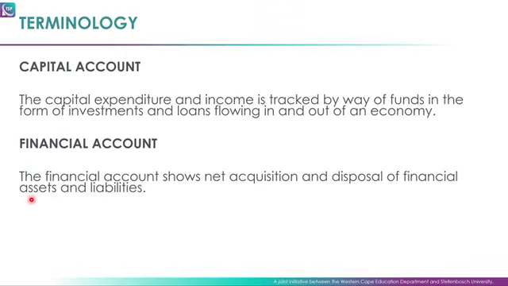The reason being, when I'm buying an asset, I am spending money to get that asset. So therefore, the assets on the financial account is logged as a negative, whereas your liabilities will be positive, because when I make a loan, I am receiving that money, right? So therefore, liabilities are added, assets are subtracted.